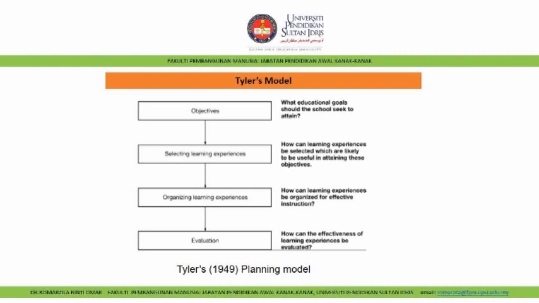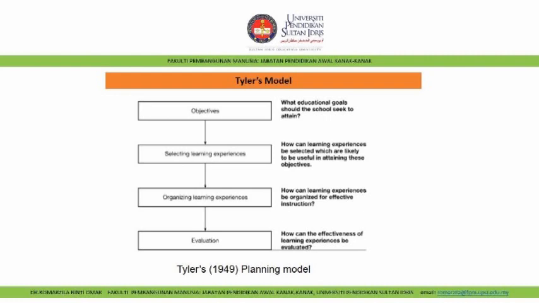So the figure here shows the four steps of the planning model. The first one is objective: what educational goals should the school seek to attain. The second step is selecting learning experience: how can learning experience be selected which are likely to be useful in attaining this objective?